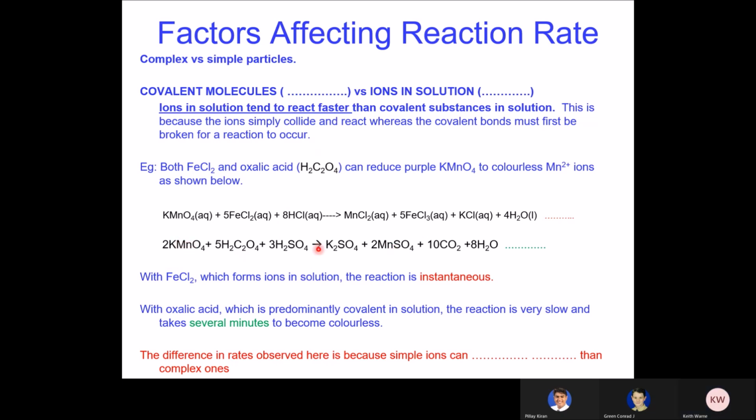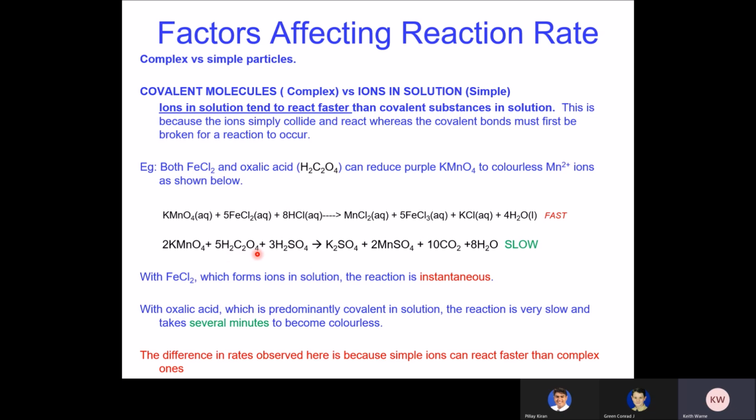All right? So why are we giving you these two? Well, this first one happens really fast, and the second one happens slow. And you're expected to know why. The reason the second one happens slowly is that this oxalic acid molecule is a big molecule. You can see it's H2C2O4.